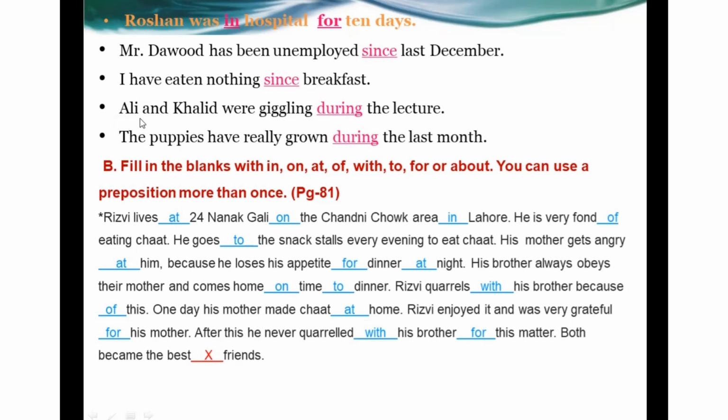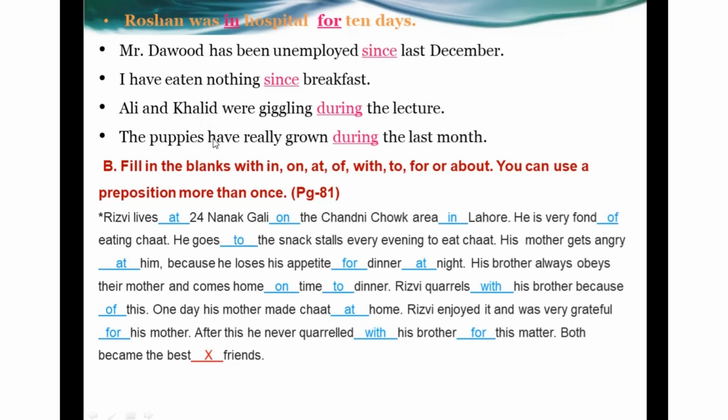For the next example we have another preposition, which is during. Let's read the example. Ali and Khalid were giggling during the lecture. While the lecture was going on, when someone was doing something, for that we use during. Now let's see the next example.